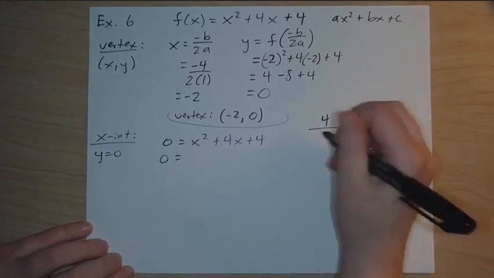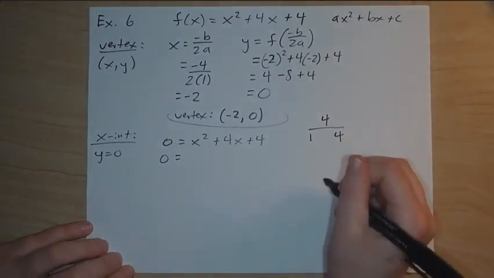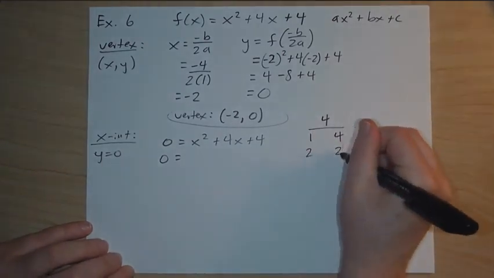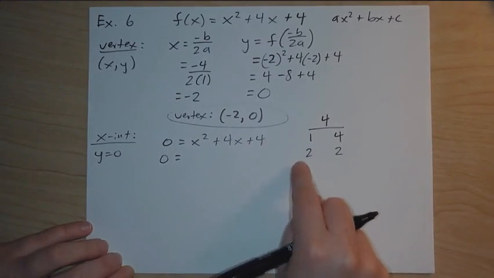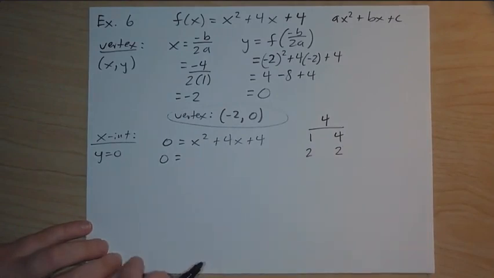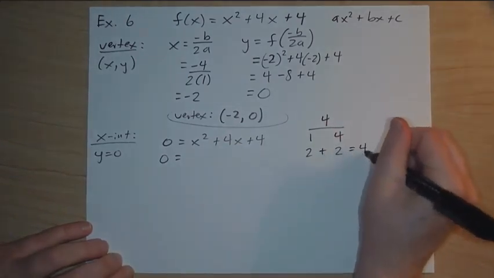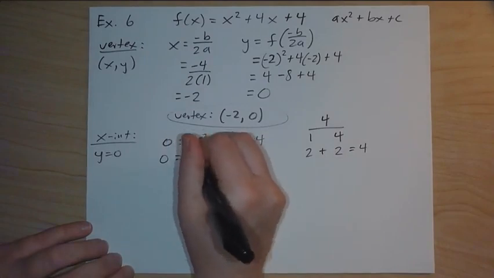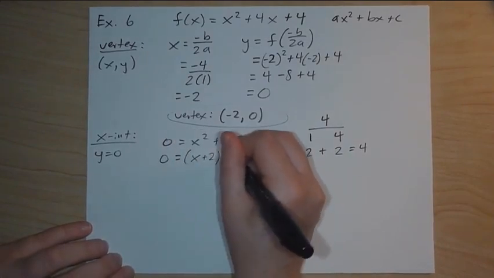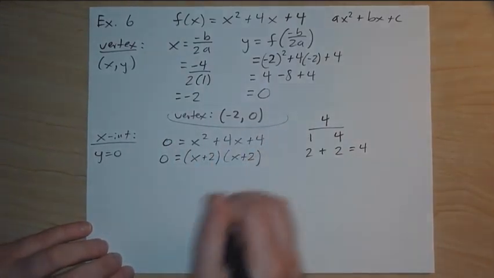So the factors of 4 are 1 and 4. It's also 2 and 2. There's also negative 1 and negative 4, and negative 2 and negative 2. If you add these, you'll notice that the only ones that add to our b, which is 4, is 2 and 2. So this factors to x plus 2 times x plus 2.